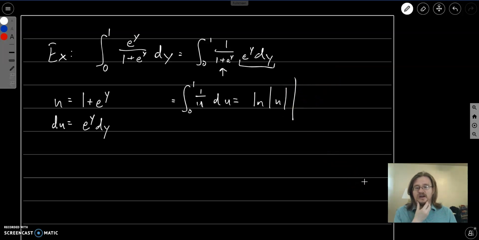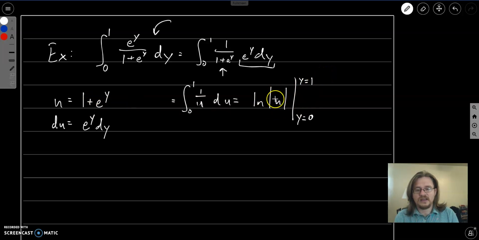Now here's where I want to point something out. What is 0 and what is 1? Well, they were what we had originally used in our original function with y. So we're taking this integral from y equals 0 to y equals 1. It's important to remember that it's going to be y equals 0 up to y equals 1, because u is not the same thing as y.